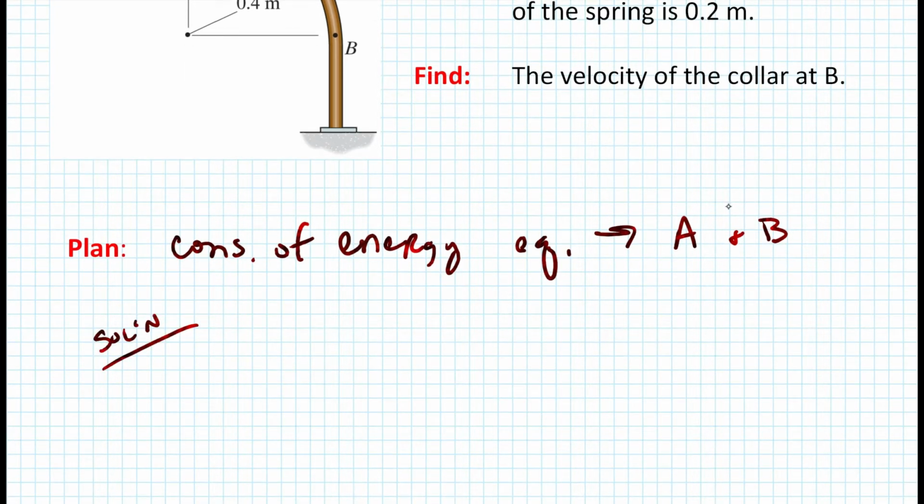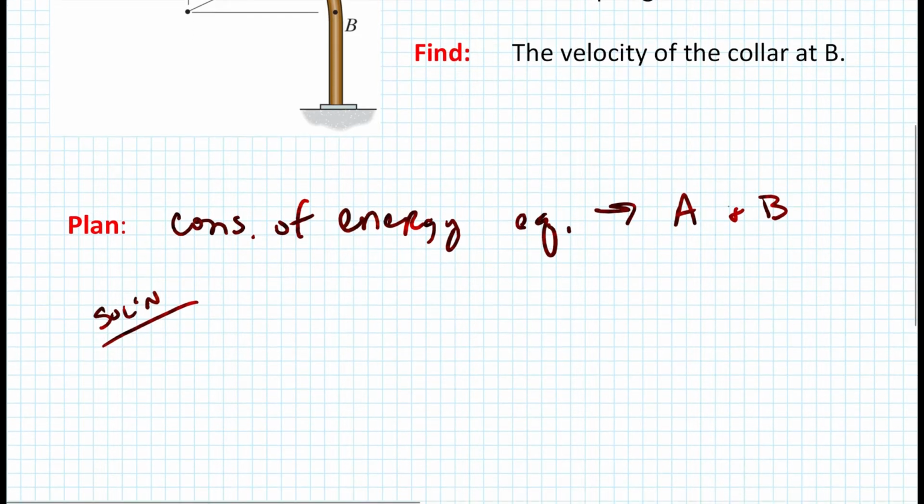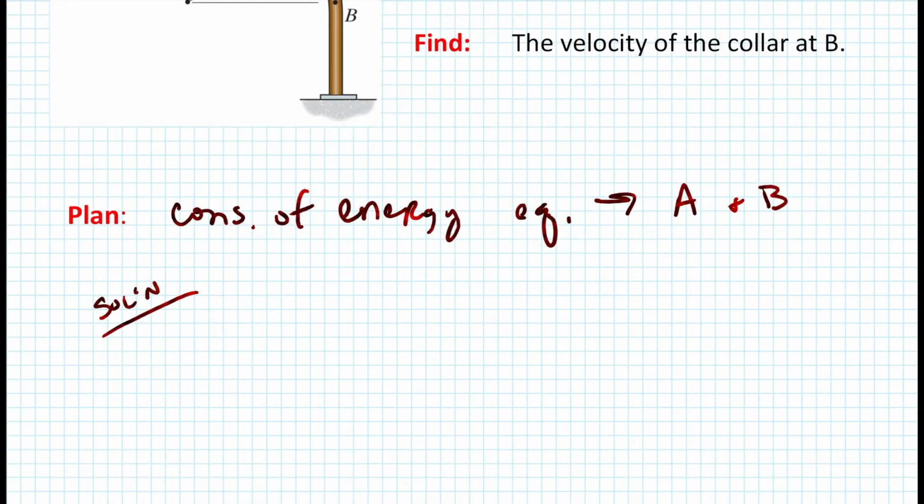All right, so note that the potential energy at B has two parts.